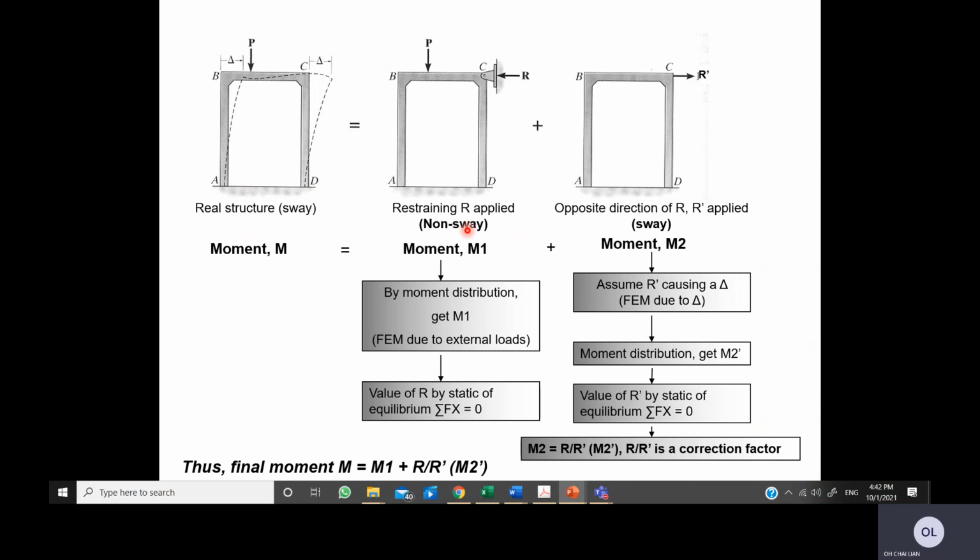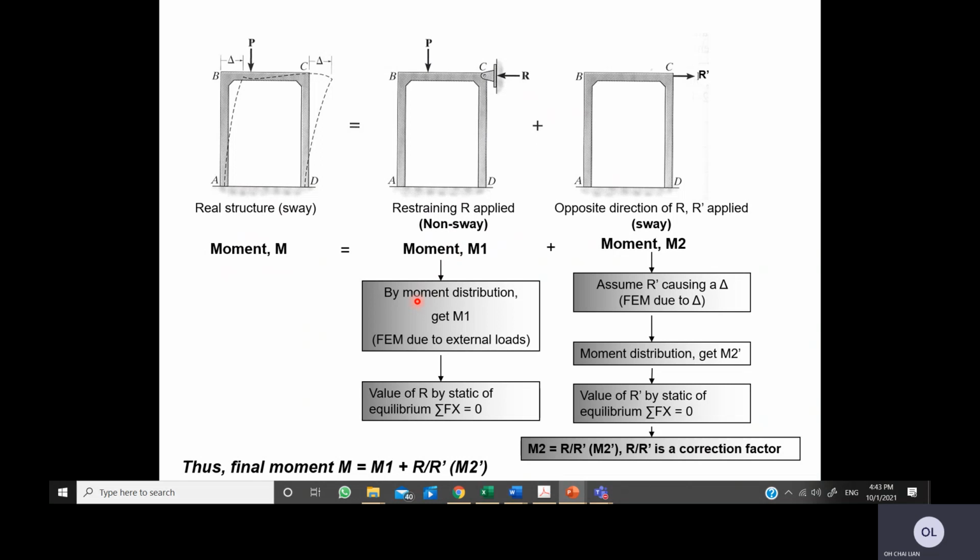In this non-sway procedure, the analysis will be exactly the same as the non-sway frame or beam analysis. In this stage, we aim to determine moment M1.